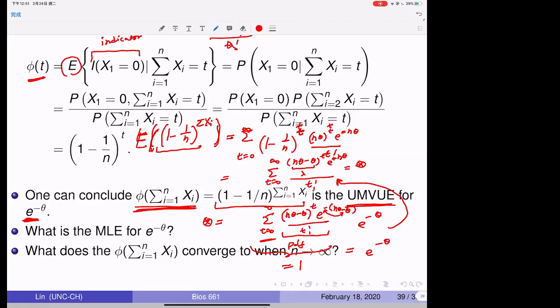I don't think we should calculate this expectation. Which one? This complicated expectation, the expectation of 1 minus 1 over n to the t. Are you talking about A or B?